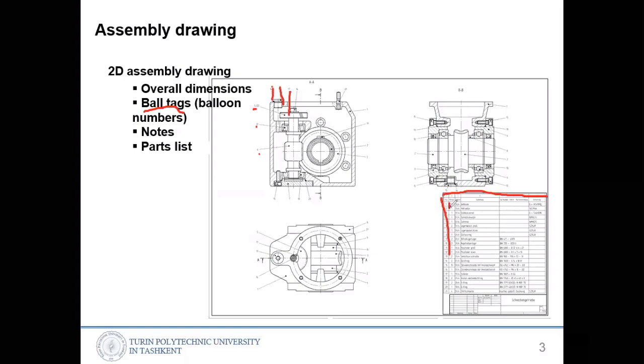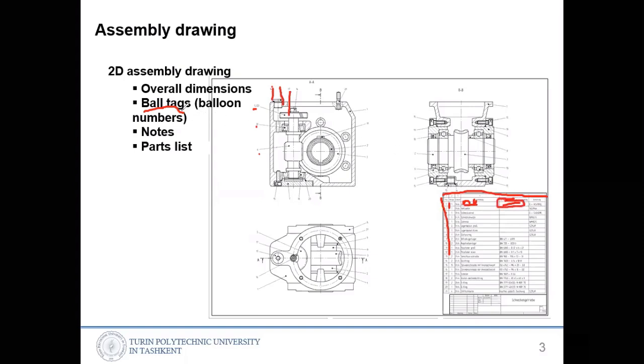Item 1's name is this one, and this is the part drawing number. So the item or tag 1 represents the part whose name is here, and here is the number of the detailed drawing.